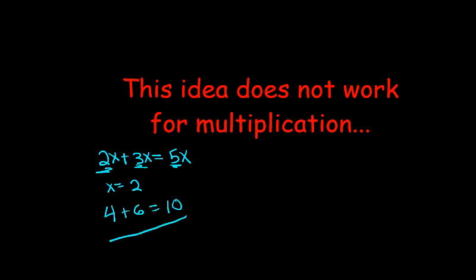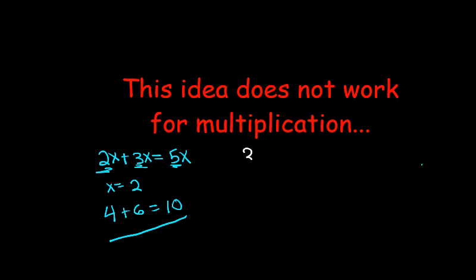So we said 2x plus 3x equals 5x. True. And that's just because 2 plus 3 is 5. Well, if I say x equals 2, then 4 plus 6 must equal 10. Aha! Proof. Well, not proof. It's more of an equality, but that's beside the point.